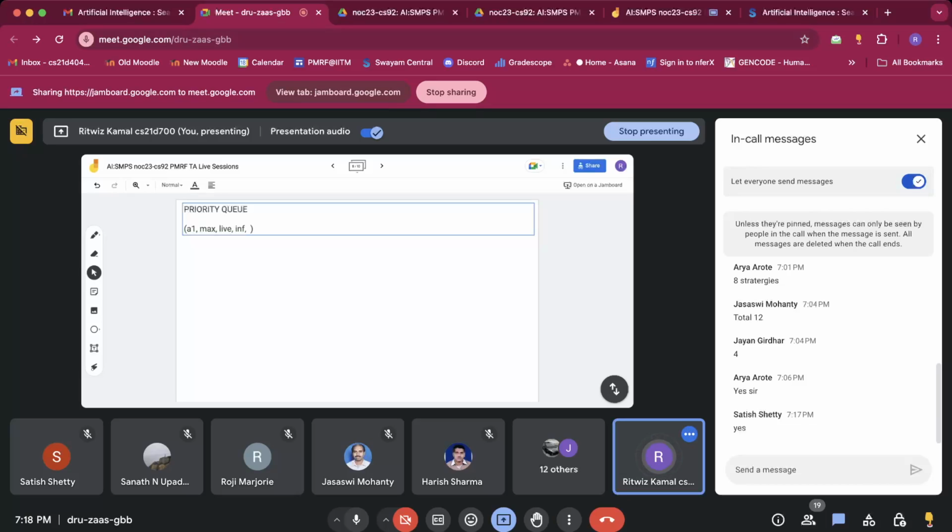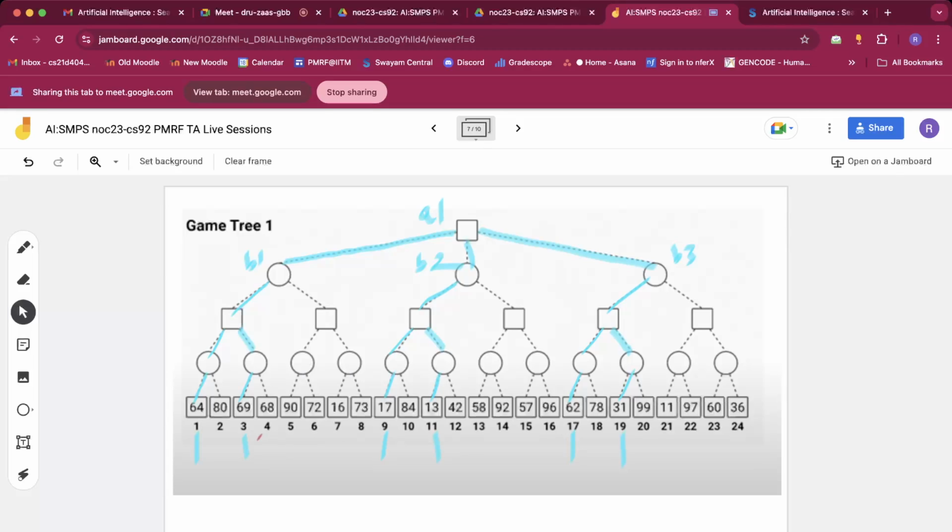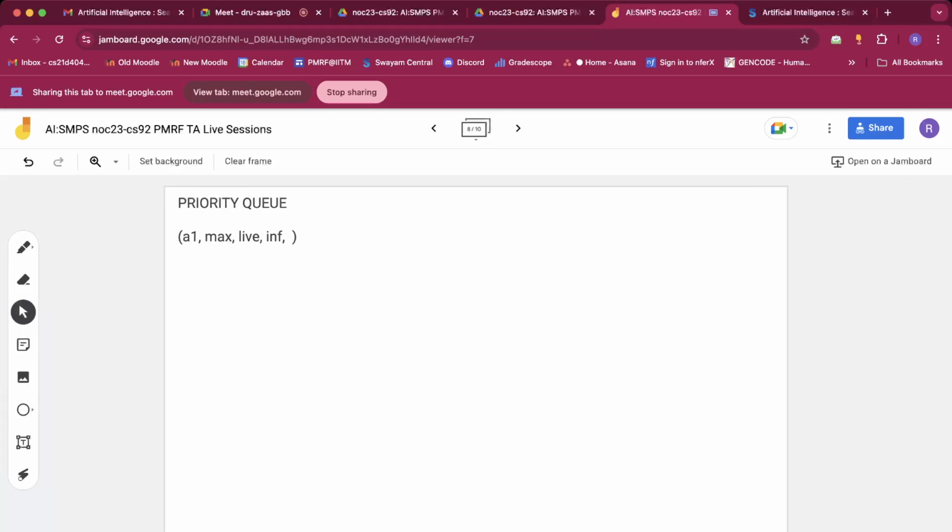Next what we will do is we will add its children to the priority queue. The children of this A1 node are B1, B2 and B3. So let's add all of them.